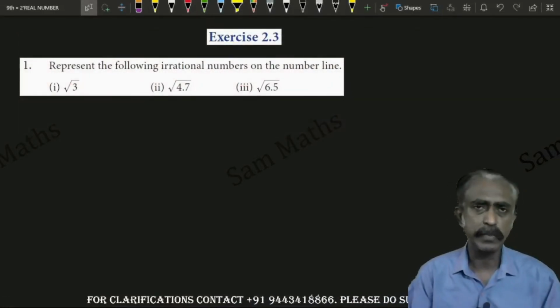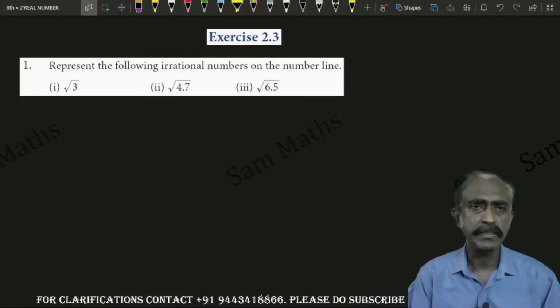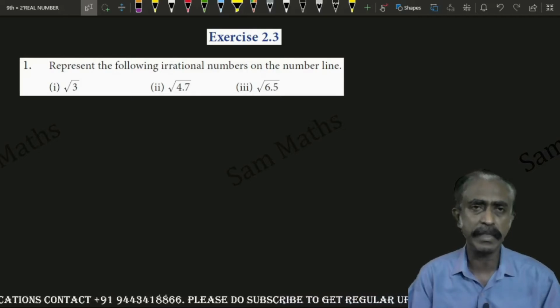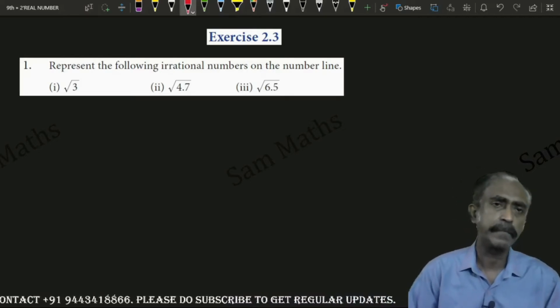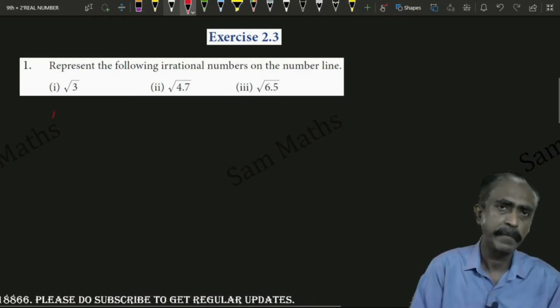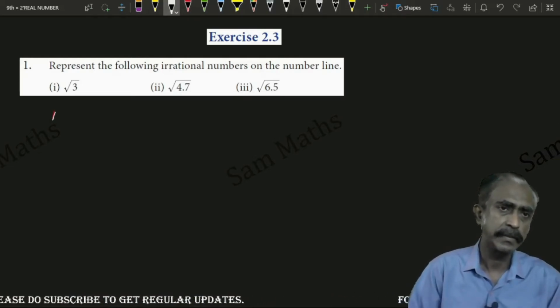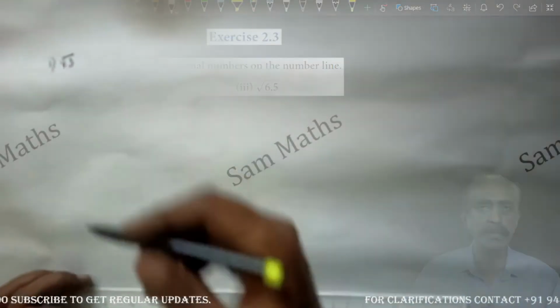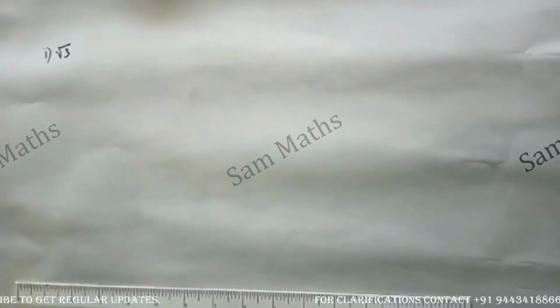Now exercise 2.3. First one, represent the following irrational numbers on the number line. First we can go for first subdivision, that is root 3. Okay, children, this we have to mark in the number line.